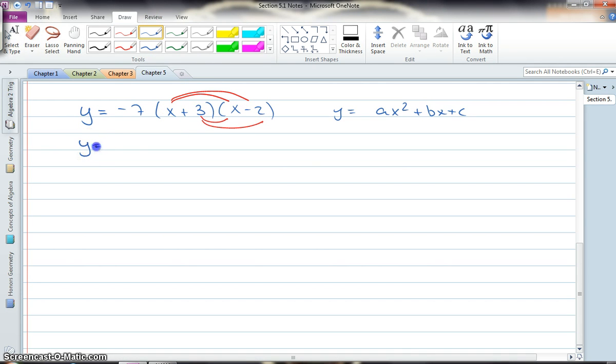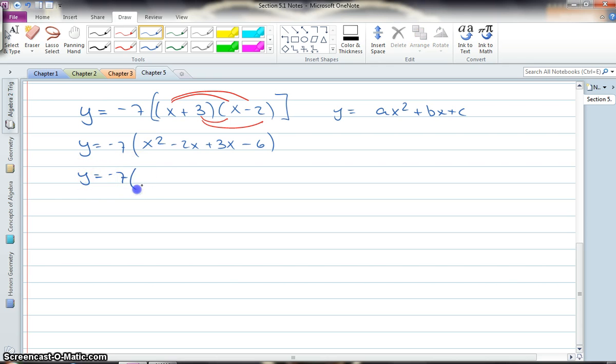So I have y equals -7. Now in parentheses still, so in a sense there's like brackets around this, I have x squared minus 2x plus 3x minus 6. All right, so combine your middle terms.